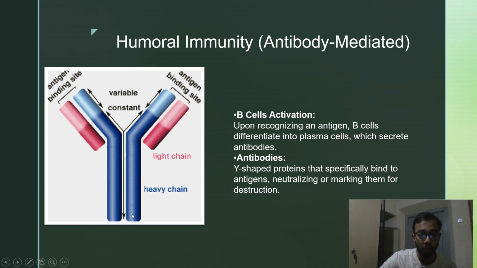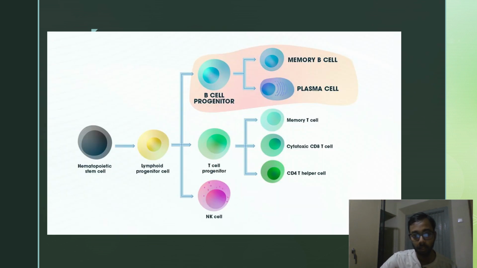This blue colored chain is called the heavy chain because it is longer, and this red colored chain is the light chain. These are the parts of an antibody or an immunoglobulin. This diagram shows how the B cell progenitor matures and becomes a plasma cell. This plasma cell can then secrete antibodies.